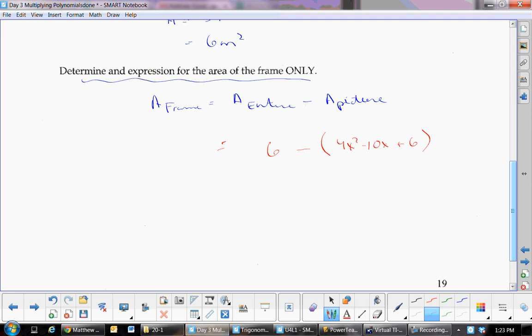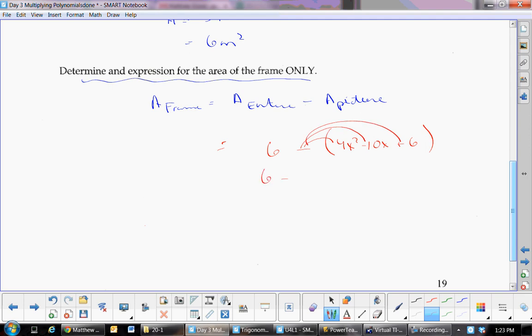Now, why can't I just do this? I don't have to be so picky in math all the time. Why can't we just do that? Because I need to minus all of that. And if I just take the brackets out, it'll only actually be minusing the 4x. If you do this, the negative will go into everything.